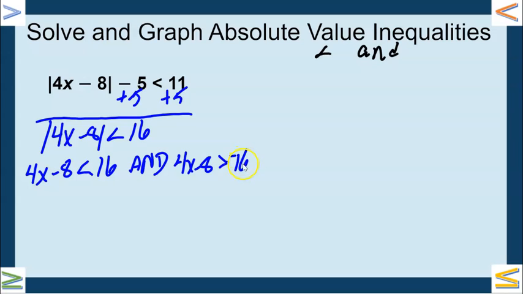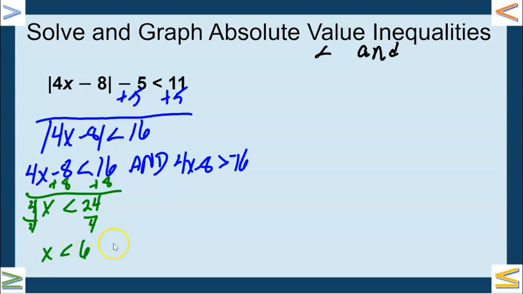Since I'm making the number negative, I'm really multiplying it by a negative, so I'm flipping the symbol. Now we can solve for x. I'm going to add 8 to both sides, and I'm left with 4x is less than 16 plus 8, which is 24. To get x by itself, I'm going to divide by 4, and x would be less than 6.